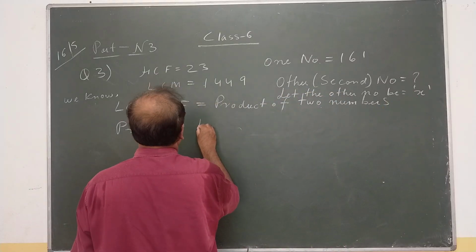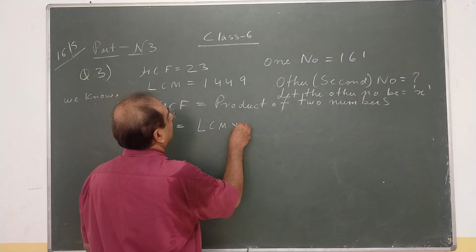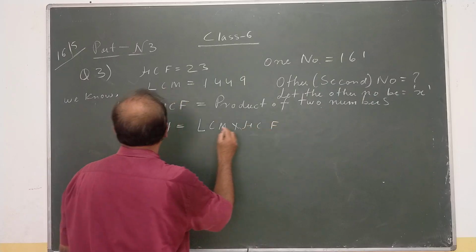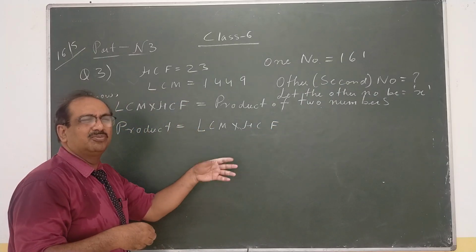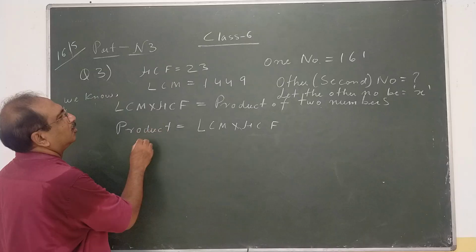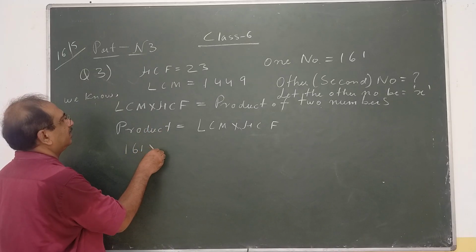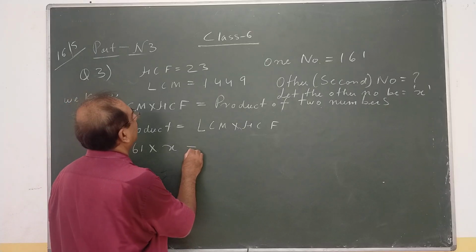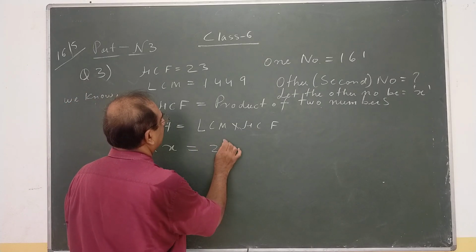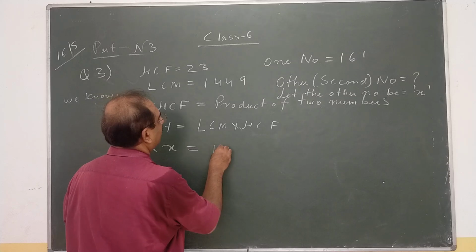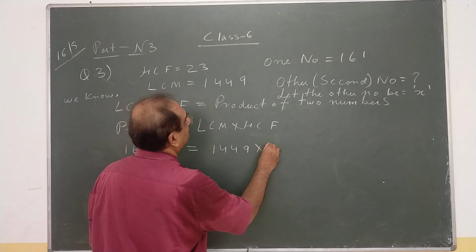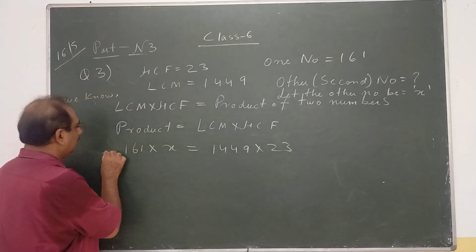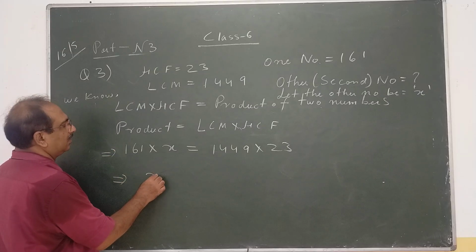Okay, product is LCM into HCF. Writing x is easy, other than that you have to write the second number. So product: 161, the first number, into the other number x, is LCM 1449 into HCF 23.